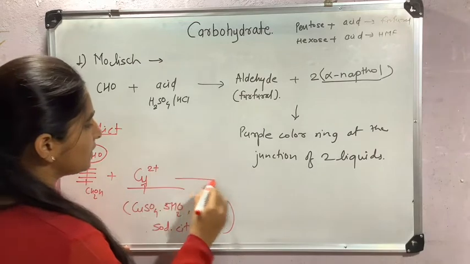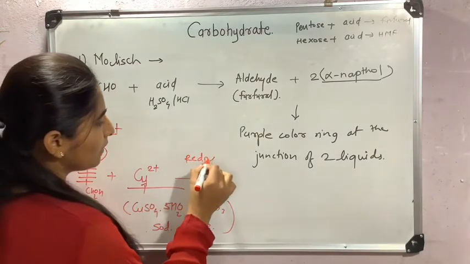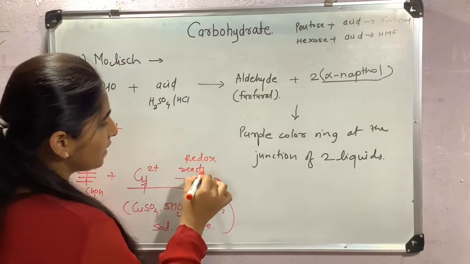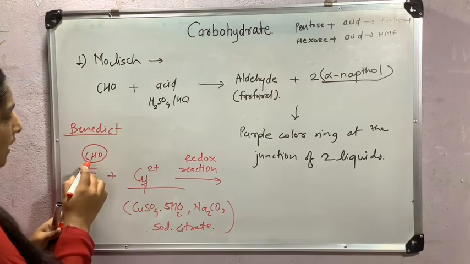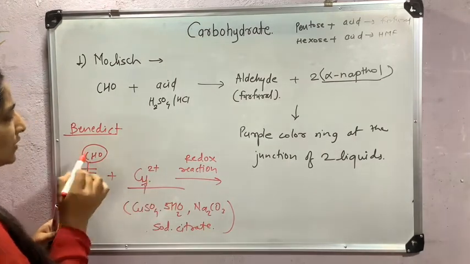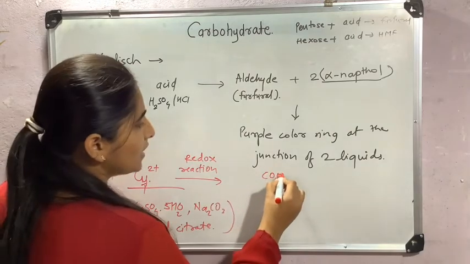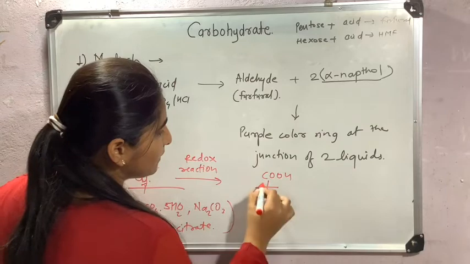Then there is a redox reaction, which is reduction plus oxidation. The reducing agent will reduce Cu2+ and will get oxidized itself, forming COOH, which is a carboxylic acid.